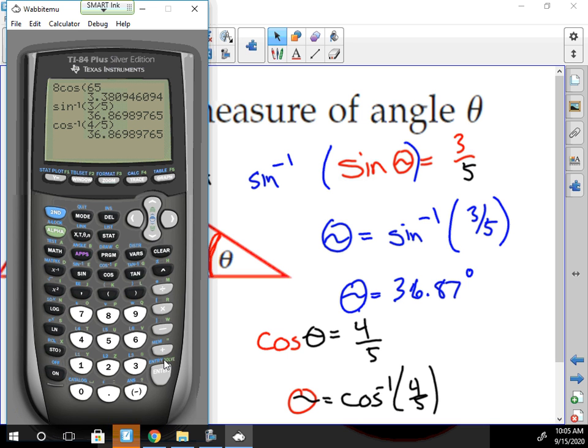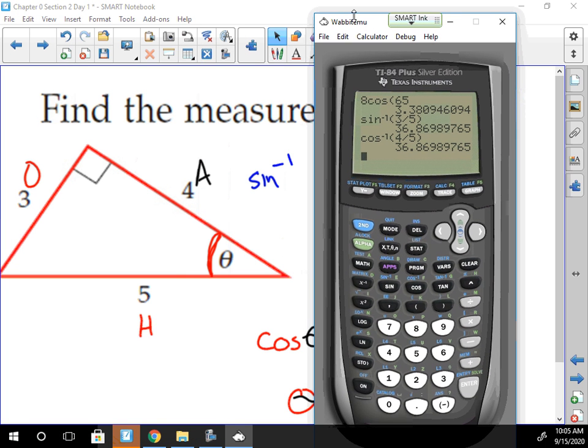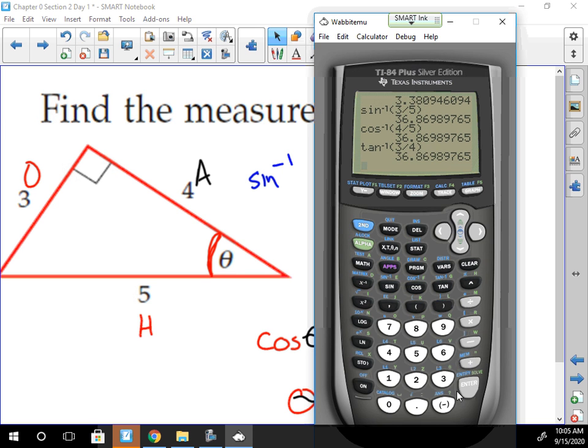If we did the tangent, we could do opposite over adjacent. And you guessed it, it would just be tan inverse of the opposite over adjacent, 3 over 4. You see, they all give us the same thing.